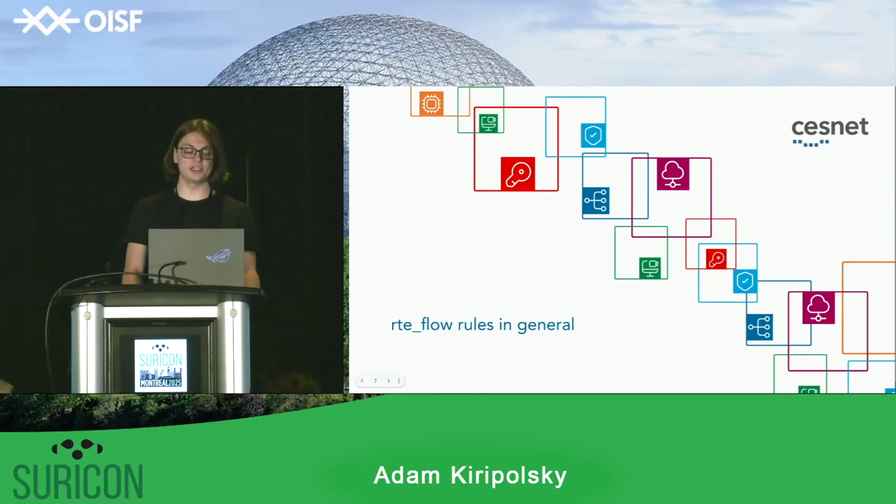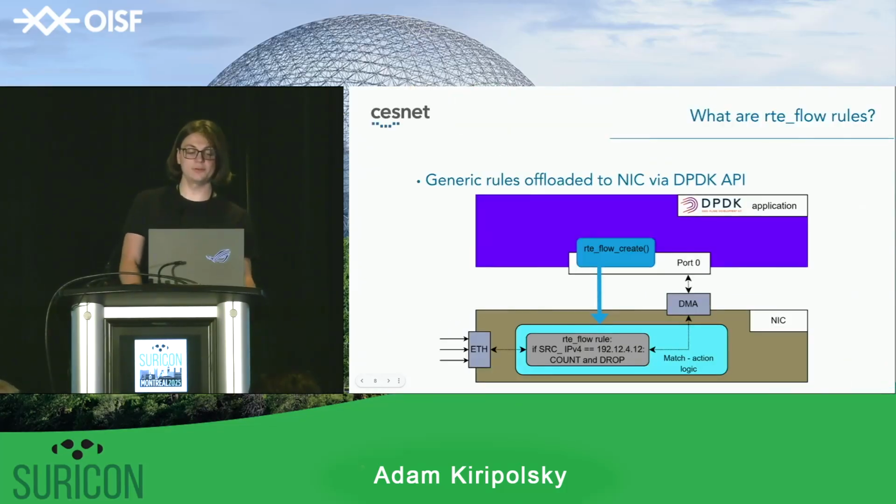Now, what are the RTE flow rules? RTE flow rules are generic rules offloaded to the NIC via the DPDK API. As you can see on the diagram, we have some DPDK application, in our case, Suricata. And there is the main function for creating RTE flow rules, which is called rte_flow_create.